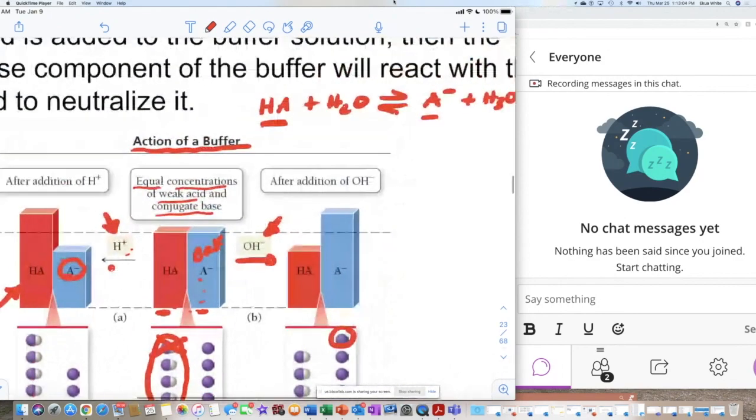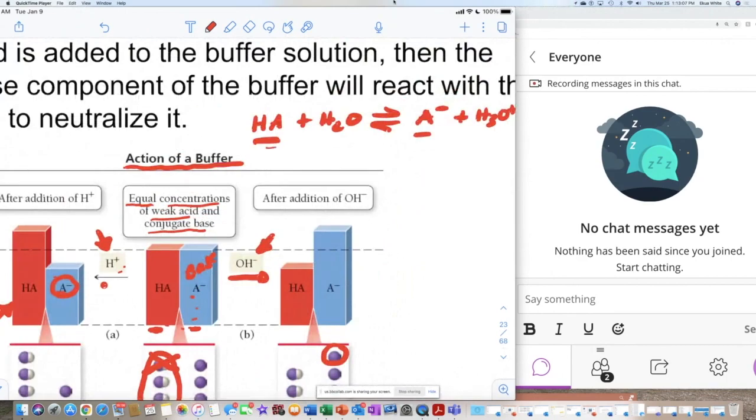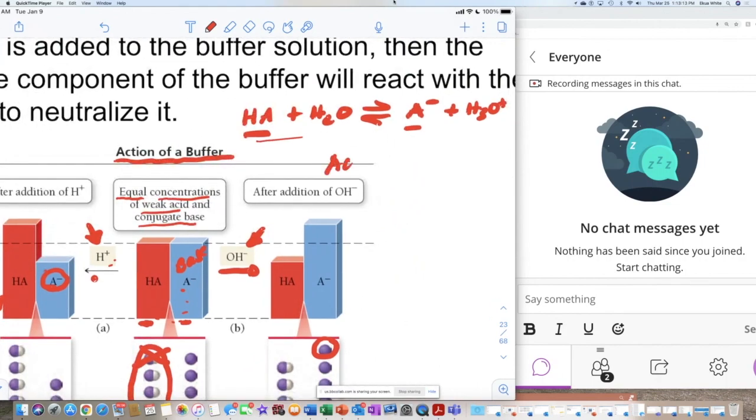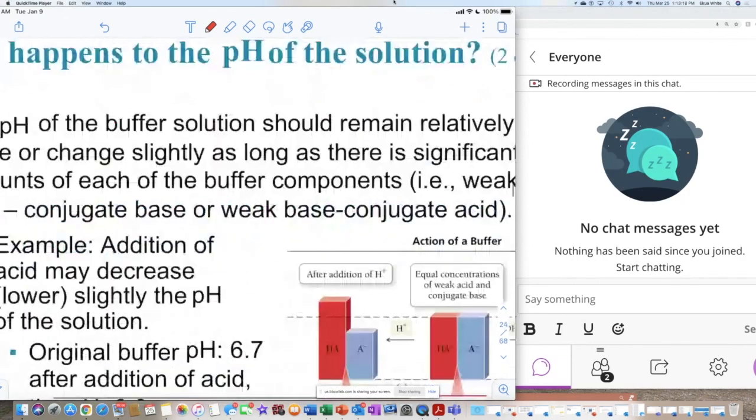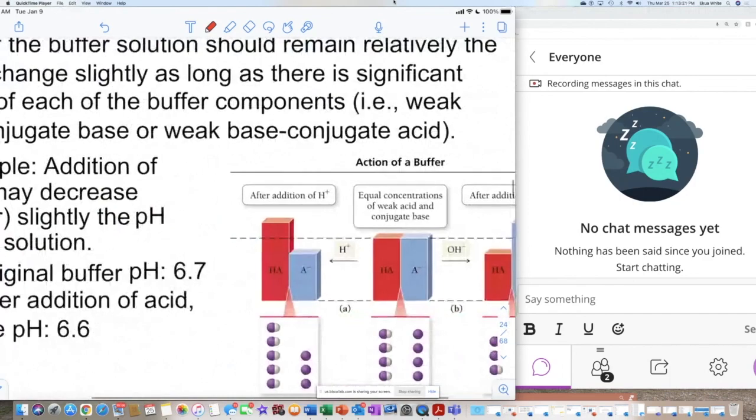According to this picture, but how do you use the equilibrium to come up with that? I think they show it down here.